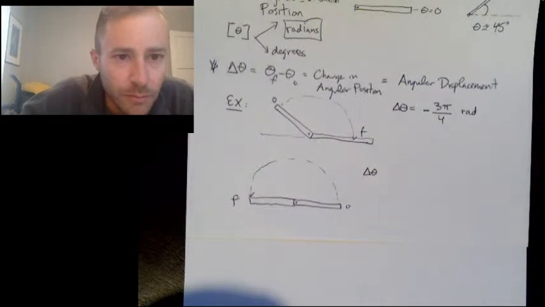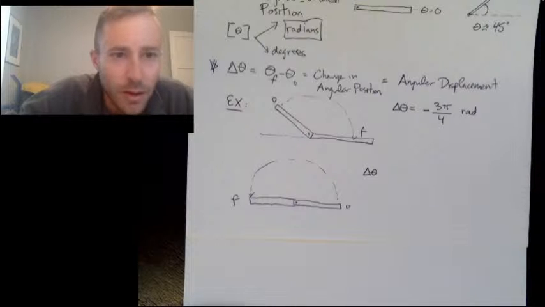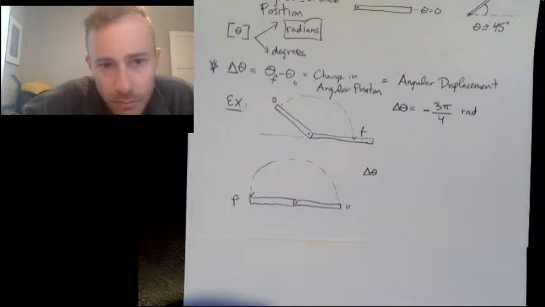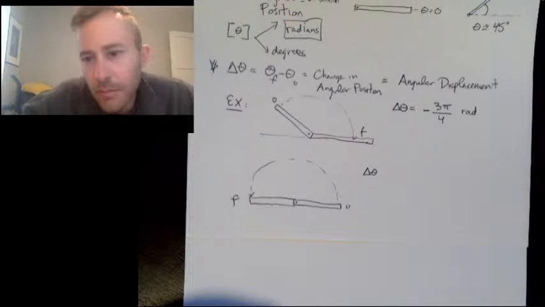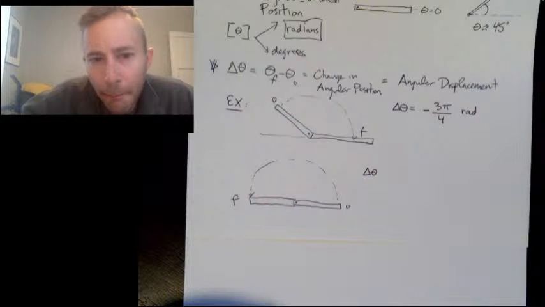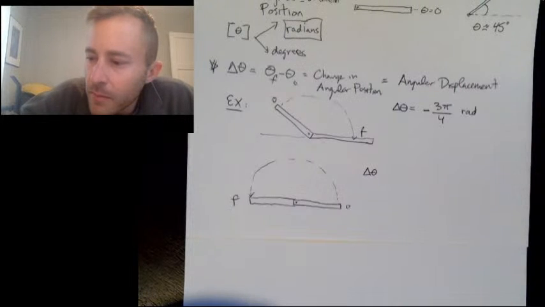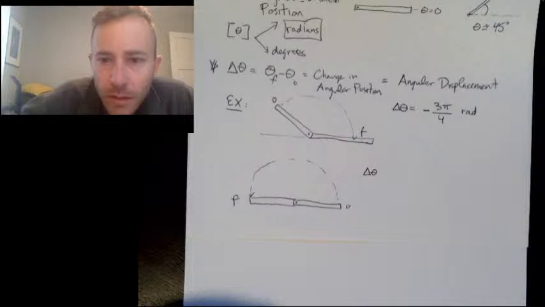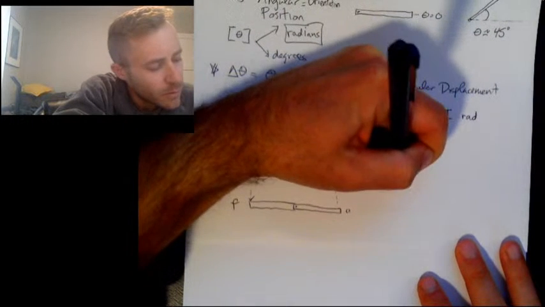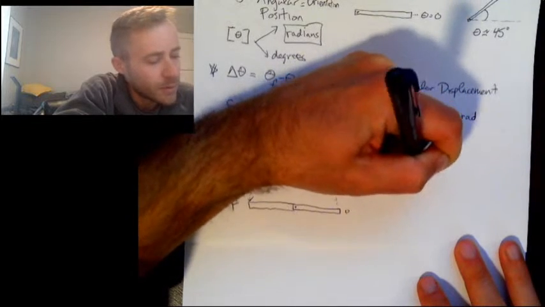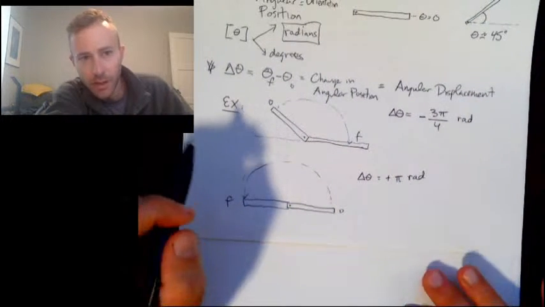I will wait. Right, plus pi radians, because it's a half circle in the counterclockwise sense.